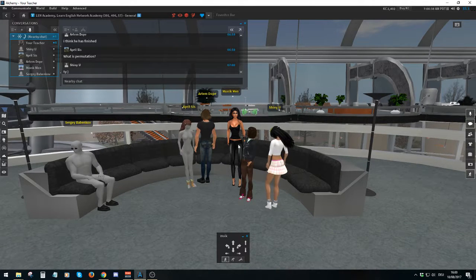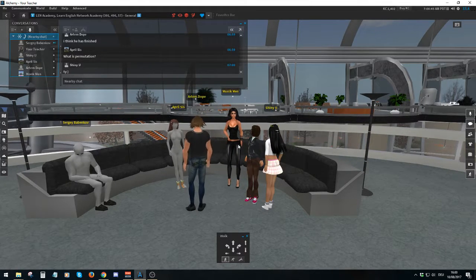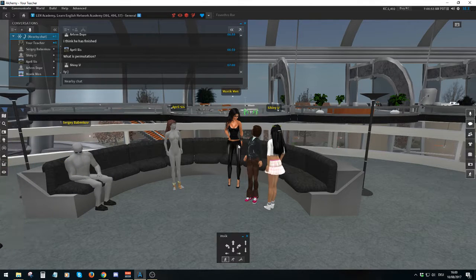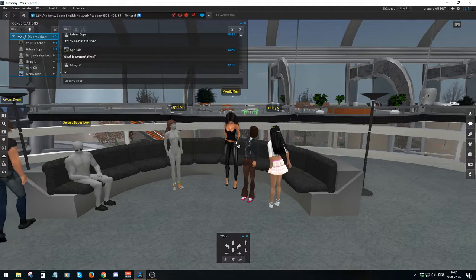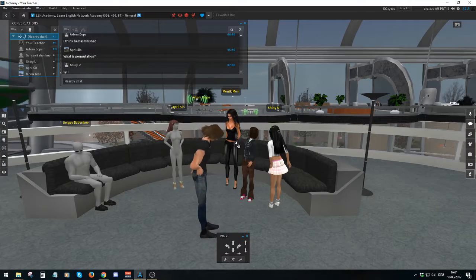Sergey, can you stand? Artem's trying to kick you off the chair, Sergey. It won't work, Artem. I know what you're trying to do. It's not going to work. Not when somebody's sitting. You do it when they're standing, but not when they're sitting.